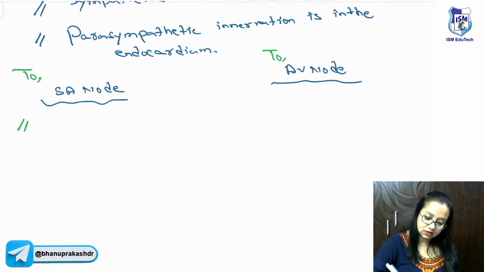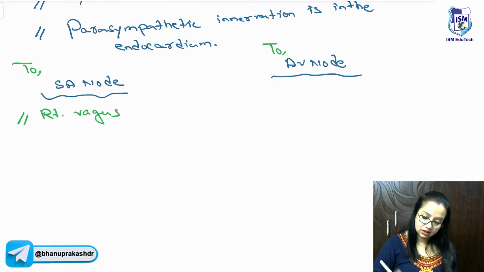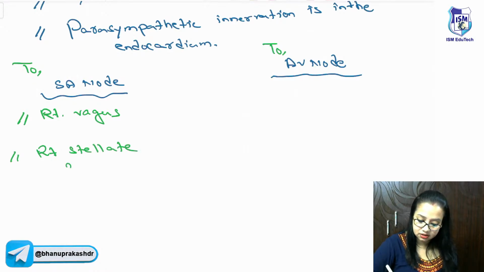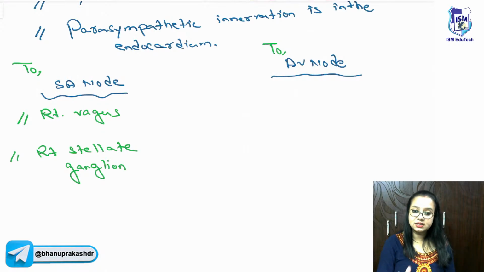So here, the right vagus, right side of the vagus, is the parasympathetic innervation, and the sympathetic innervation is the right stellate ganglion. That is the branch that goes to the SA node.